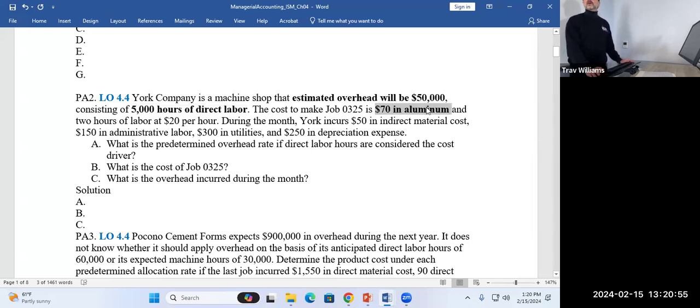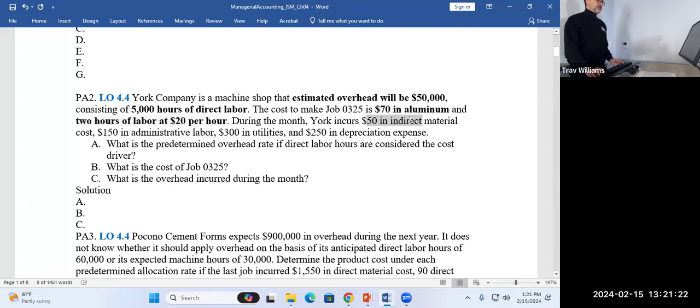Is that direct material, direct labor, or overhead? Direct material? The only way it would go into overhead is if it was indirect material, but that's quite a bit of aluminum. So I think we can measure how much of it goes into the actual job. 2 hours of labor at $20 per hour. That's important.